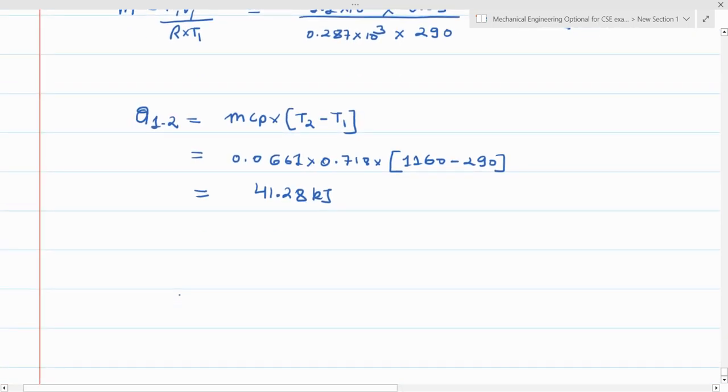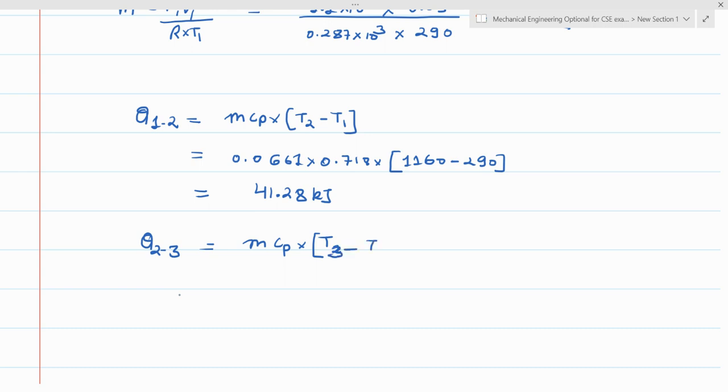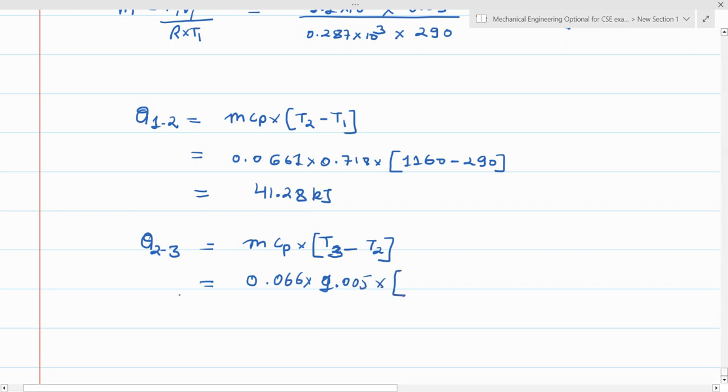Similarly, the value of Q2 to 3 is equal to mCp multiplied by T3 minus T2, which is 0.066 into 1.005 into 290 minus 1160.